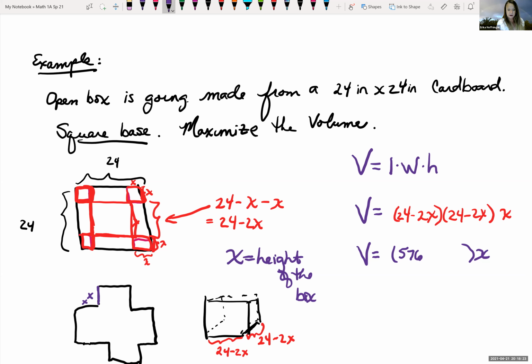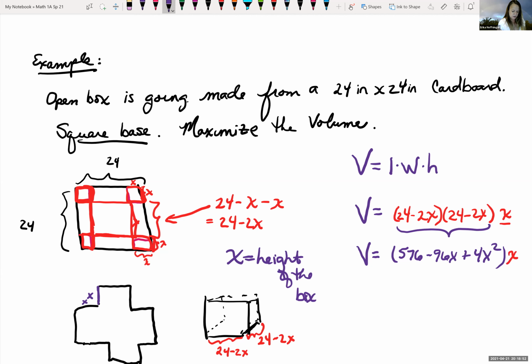And then we have another minus 48x. So minus 48 times 2, that's going to give us negative 96x. And then we have a negative 2x times a negative 2x, which gives us a plus 4x squared, all times our x.